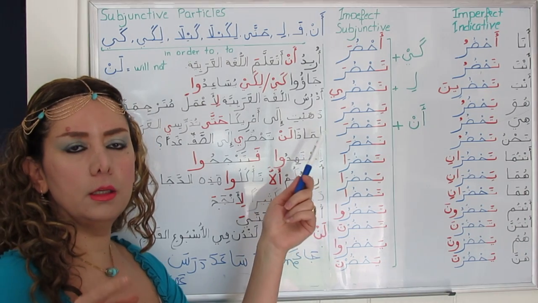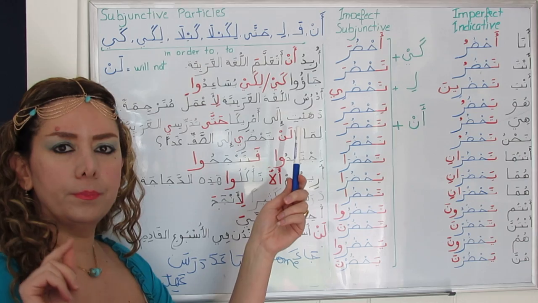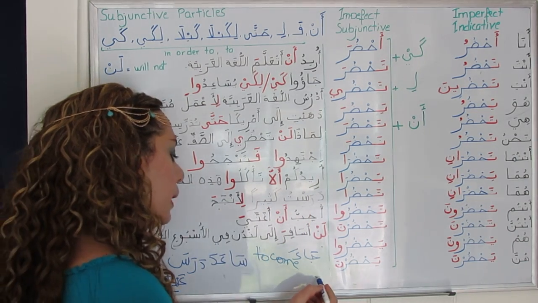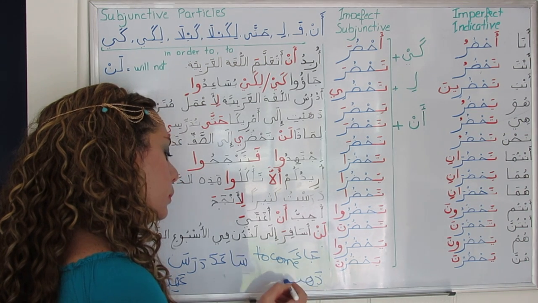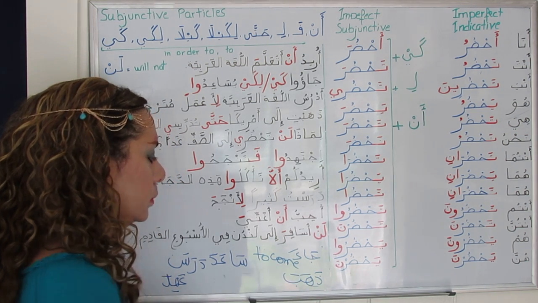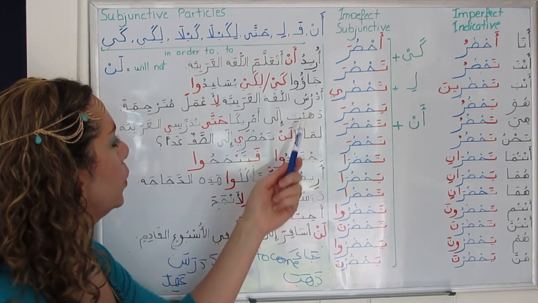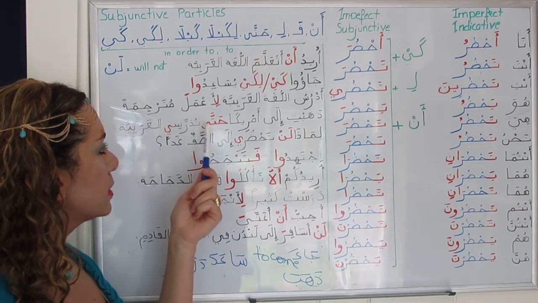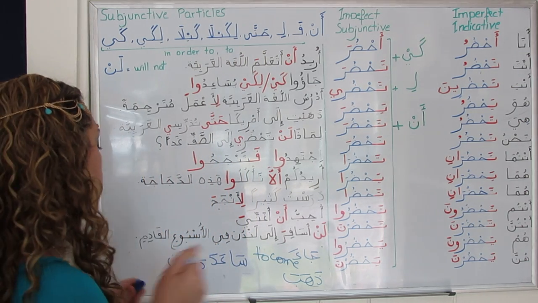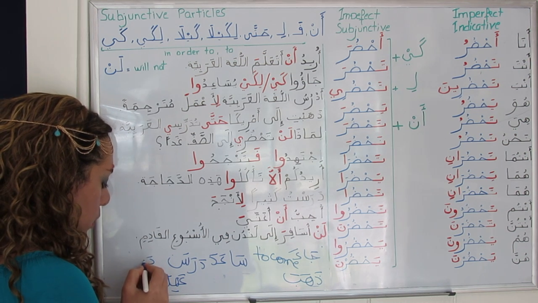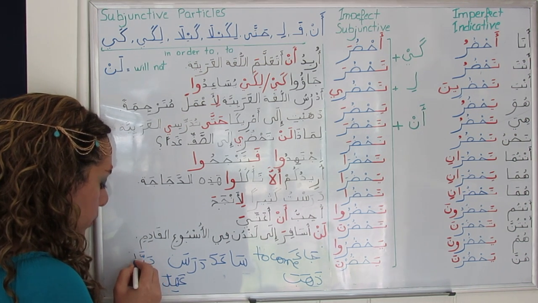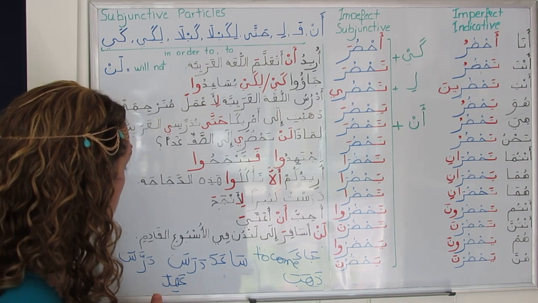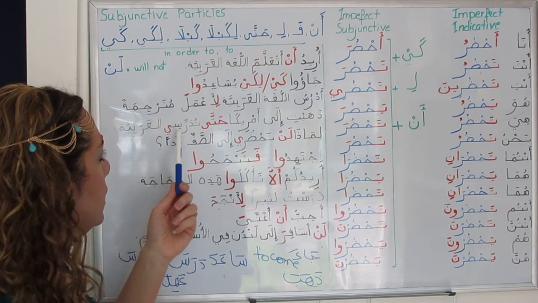ذهبت, أنت, you, second person, singular feminine. You went, the verb ذهب, it's to go. So you went إلى أمريكا, to America. حتى تدرسي, درس is the second form sound verb, it's to teach. تدرسي.